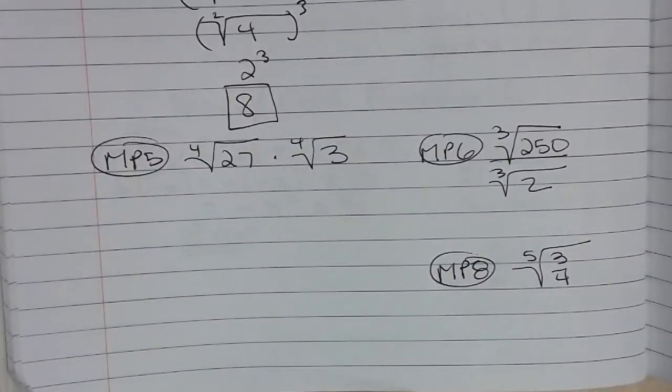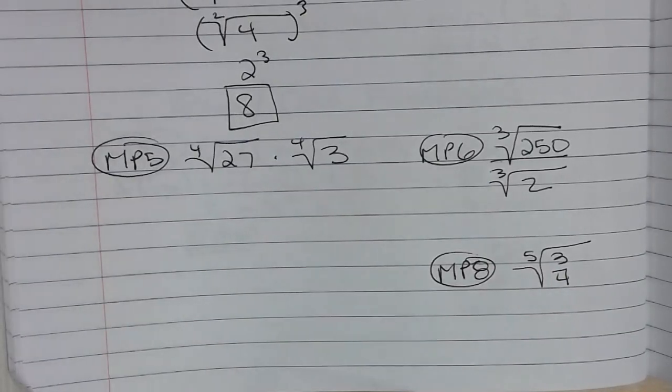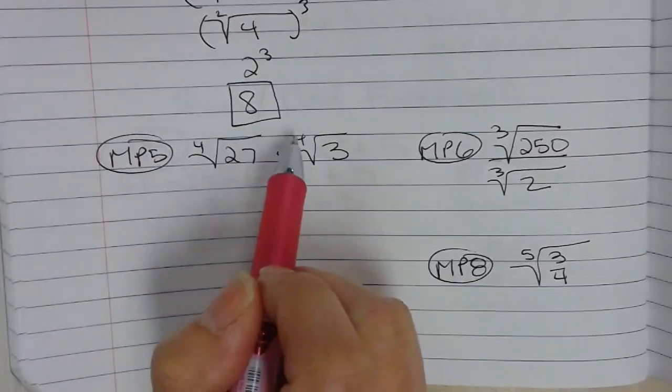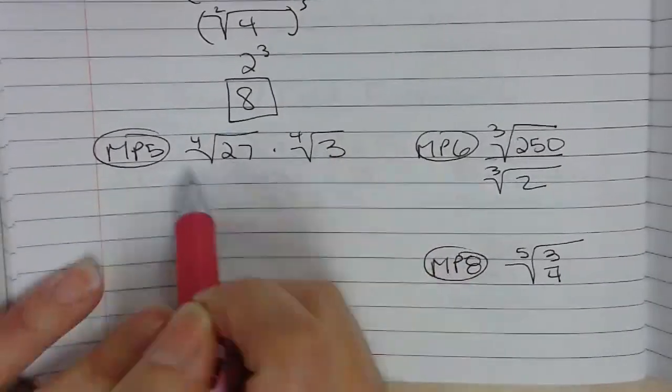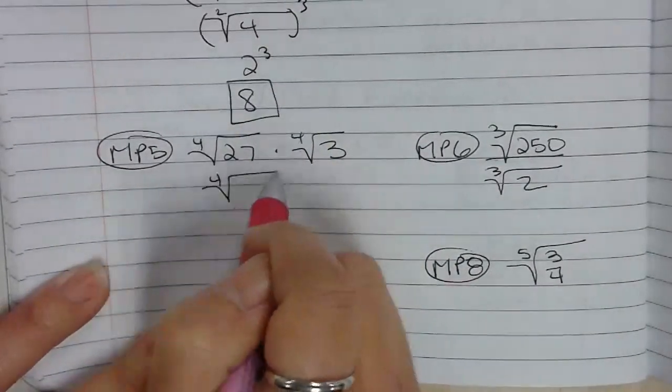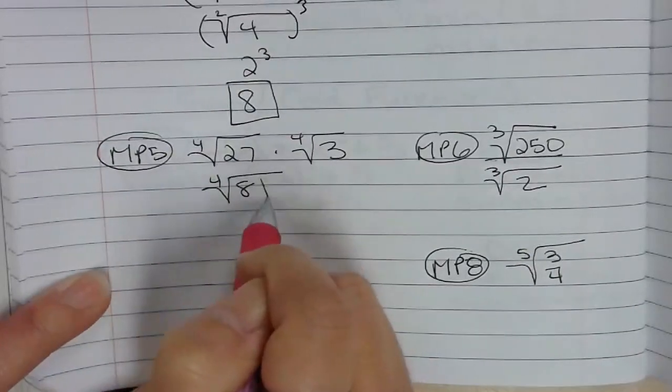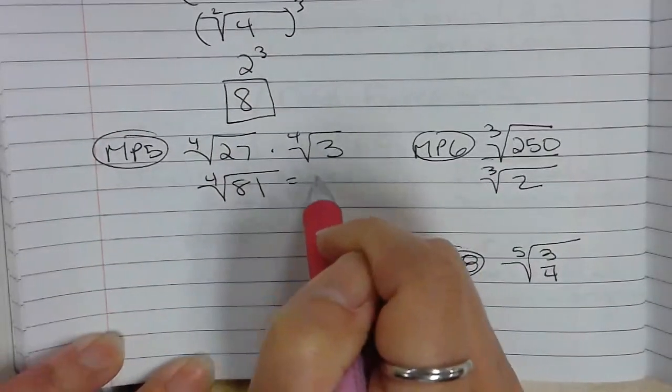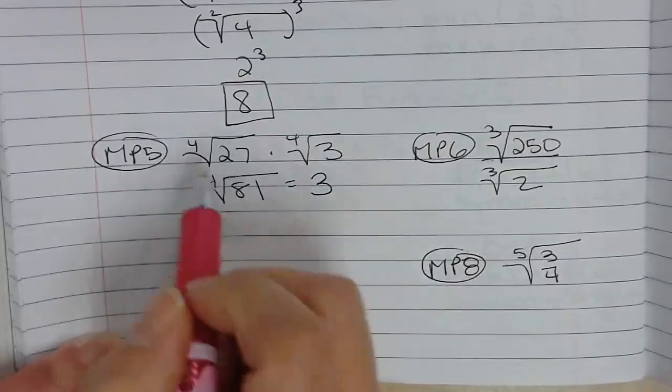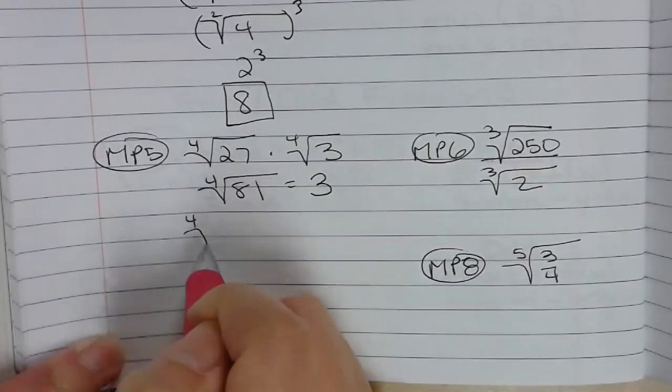Monitoring Progress 5, there's different approaches depending on how you see it. Some kids will want to multiply it because it's the same root, so it's okay to multiply this. If you do multiply it, it would be the 4th root of 81. Good. And the 4th root of 81 is 3. The way that I see it is this way.